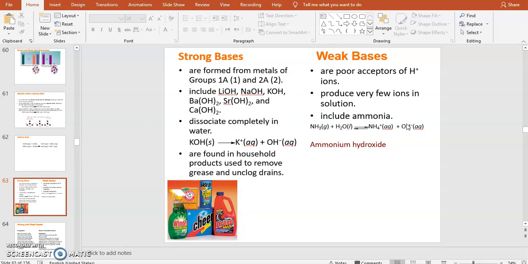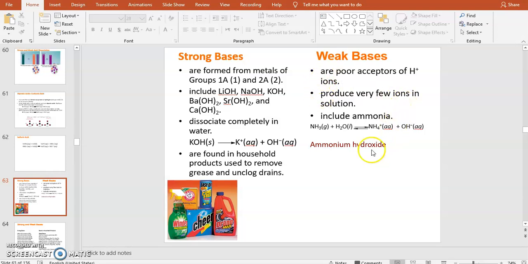Strong bases and weak bases, same idea. Strong bases, like KOH here, dissociate into K and OH, K positive and OH negative. All the household cleaning products are considered strong bases. That's why they clean.